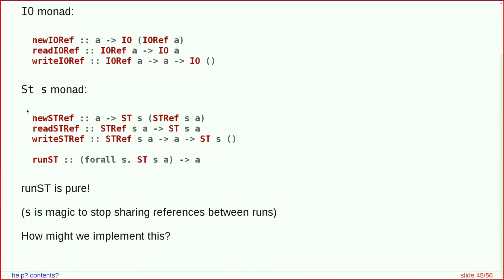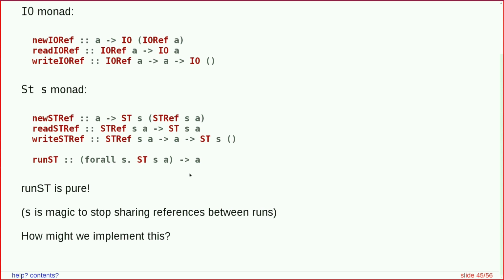And then the ST monad generalizes that in this way that turns out to be pure. You can run something in ST and you get back just the pure value at the end of the computation. So it looks quite imperative, but it's not doing any IO.